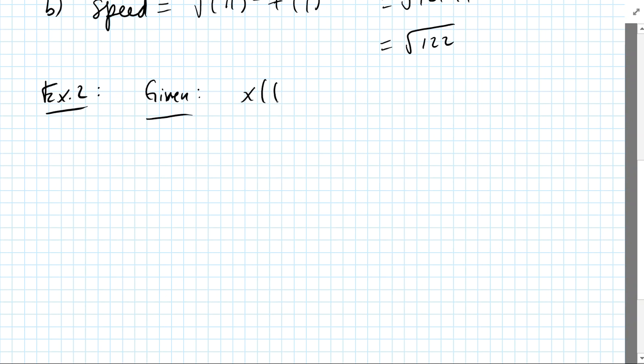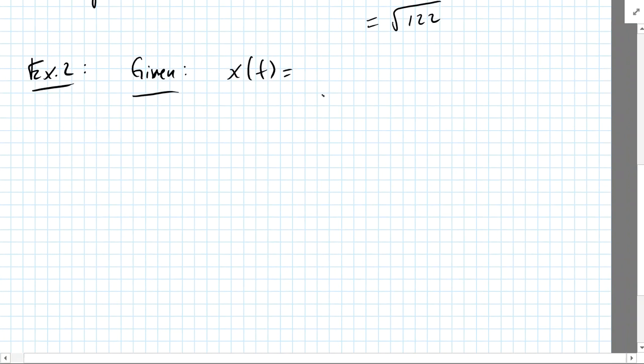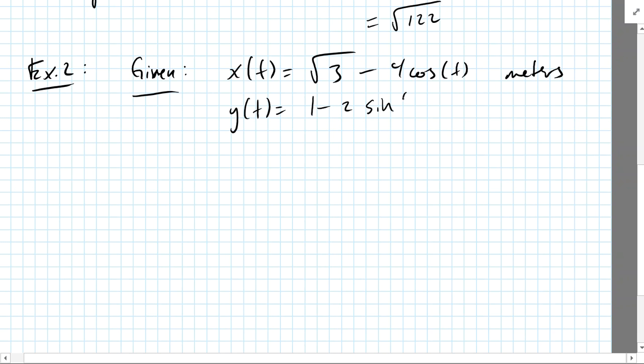You're given x of t is equal to the square root of 3 minus 4 cosine of t in meters, and then y of t is equal to 1 minus 2 sine of t in meters. And t is defined between 0 and 2 pi. I guess we're going to call this seconds.